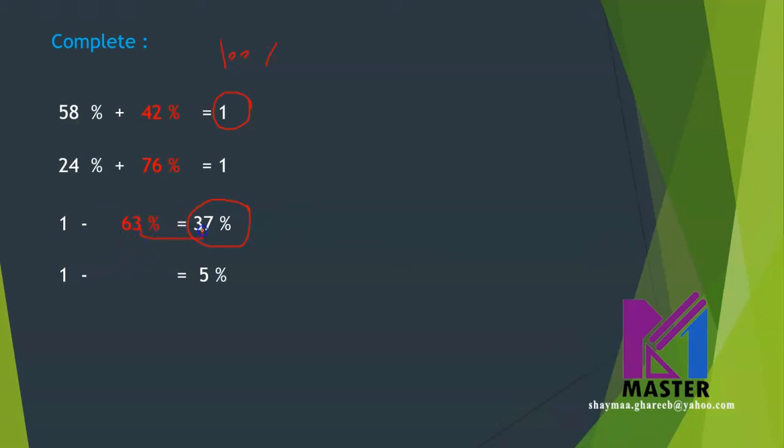So both together make 100, which is the 1 whole. For the second example, also I have 5%. I need to complete it to be 100, so I need 95%. So 1 whole, which is 100%, minus 95% equals 5%. Yes, that's correct.